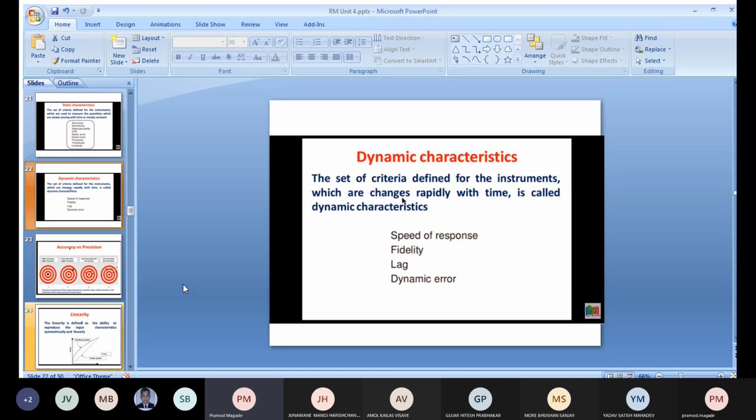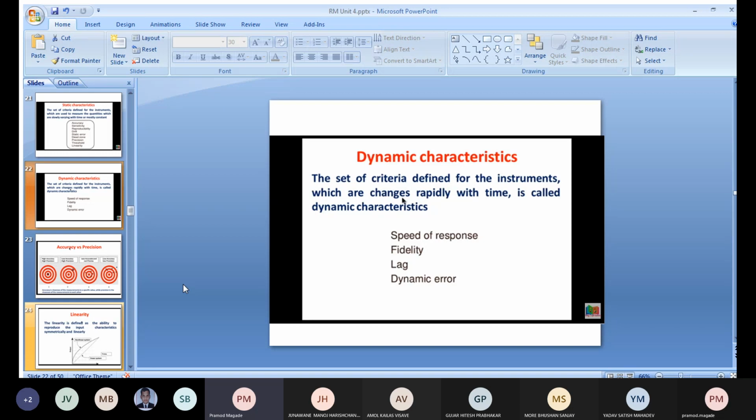Dynamic means which changes rapidly with time, not slowly. Earlier it was slow or static, now it changes rapidly with time. In case of rapid change, the parameters are speed, fidelity, lag, and dynamic error, which is the difference between start and end point. At the time of working condition, if there is error, parts get damaged, the system gets damaged. So that comes under dynamic error.